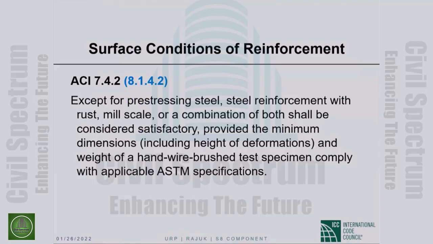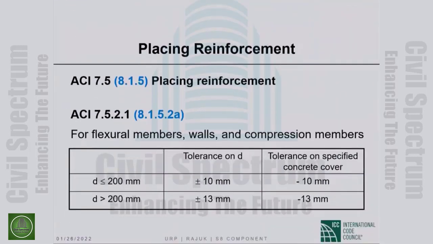Normal rust on conventional reinforcement is totally fine, provided the minimum dimensions, including height of deformations and weight of a hand wire brushed test specimen, comply with applicable ASTM specifications. So rust beyond a point is not acceptable, and there is an ASTM spec that controls that. Placing of reinforcement, the tolerances.